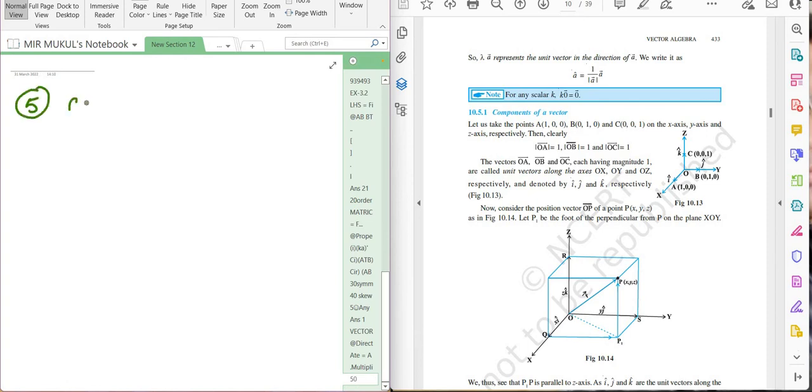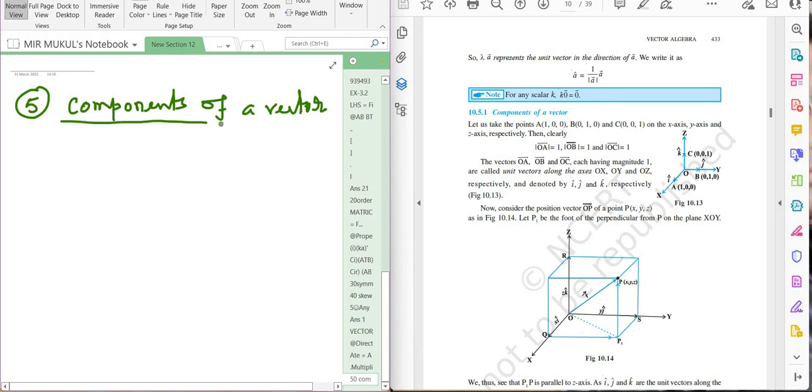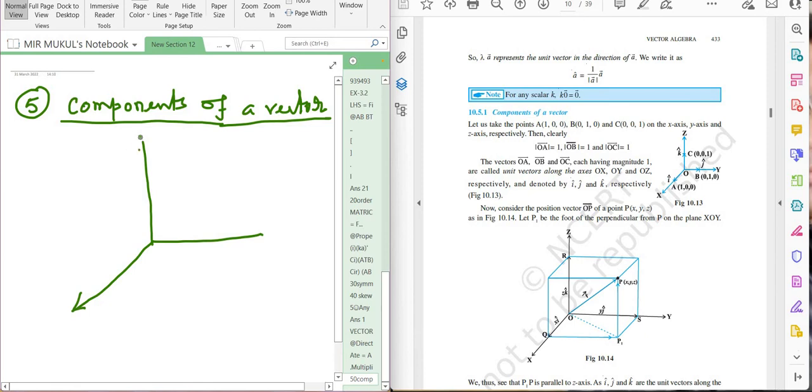Now components of vectors, fifth. So components of a vector. Okay, so here consider a vector with axes Ox, Oy and Oz.